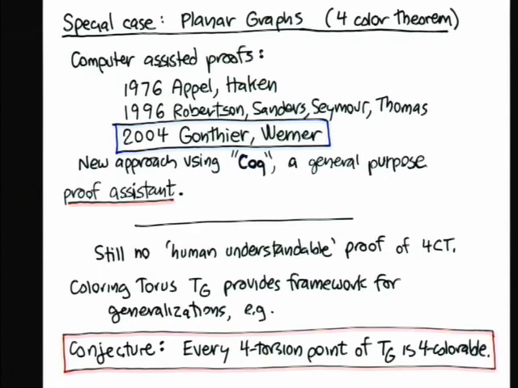What's interesting is that the approach in both of these is similar and related to an idea that's close to 100 years old. There's a new work, I'm not sure if everyone's even heard of it, by Gonthier and Werner in 2004. There's a theorem prover, a proof assistant called Coq, developed at INRIA, Sophia Antipolis, I think. They do a lot of great stuff, like the programming language OCaml.